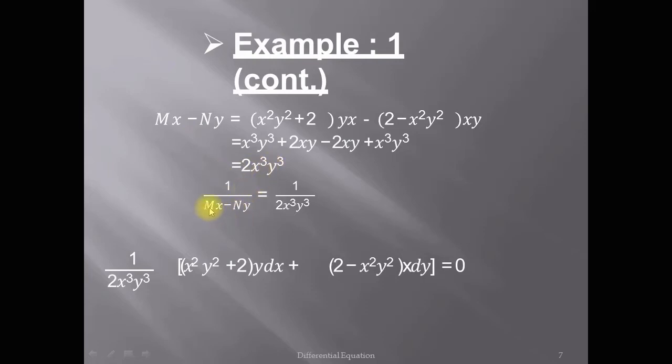So the integrating factor is 1 over (Mx minus Ny), that is, 1 over 2x³y³.